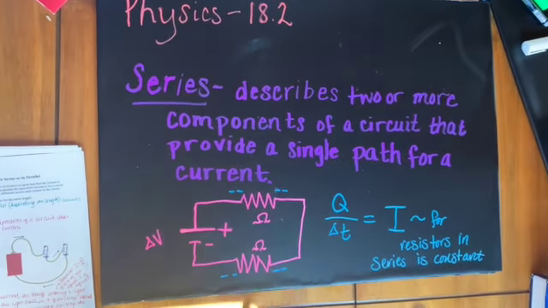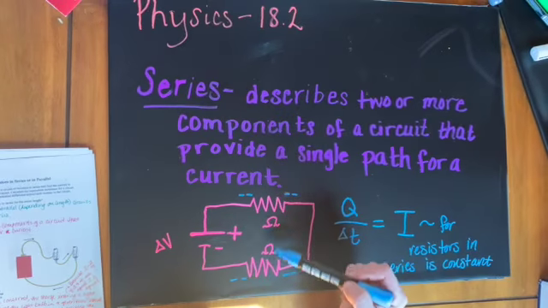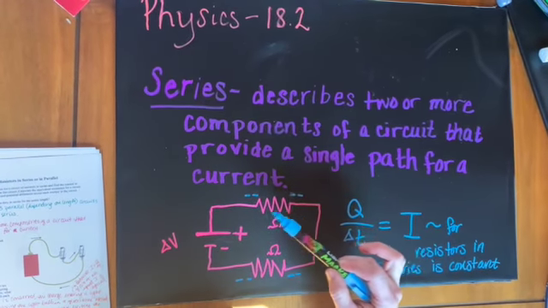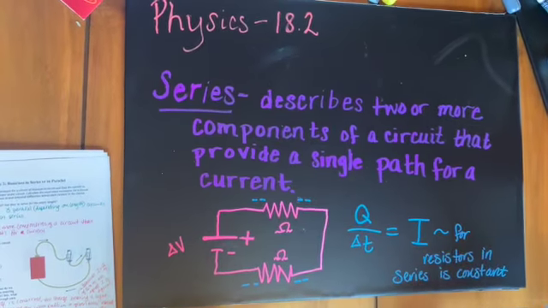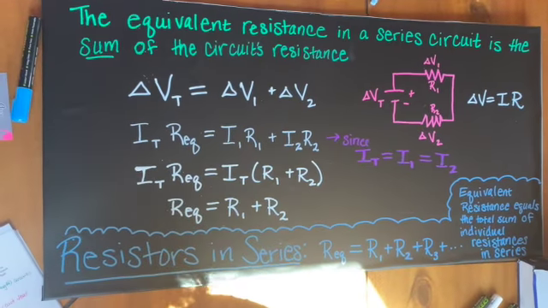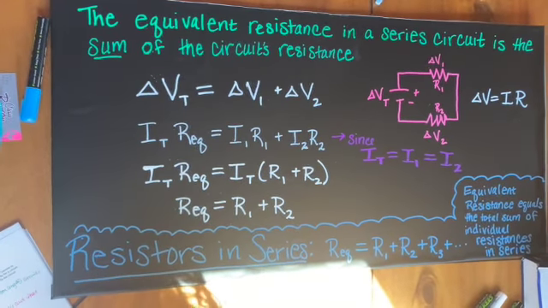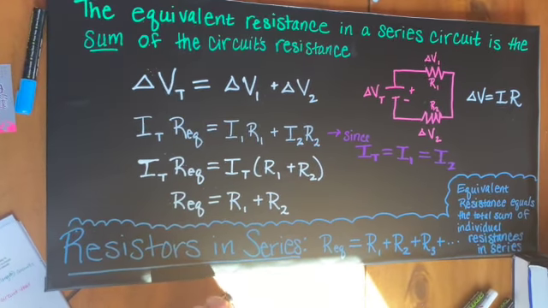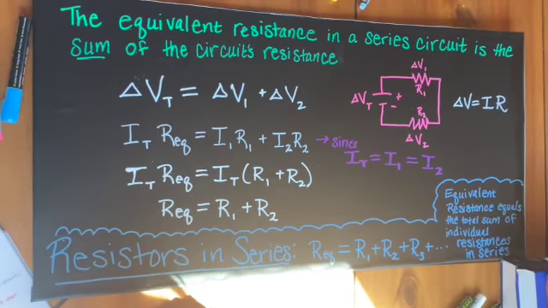So we know that I is the same for both of these resistors. Our current is the same going into each of these resistors that are in series. The equivalent resistance in a series circuit is the sum of the circuit's resistance.